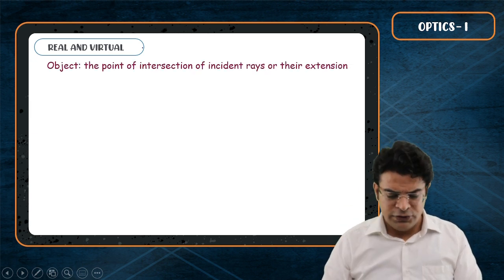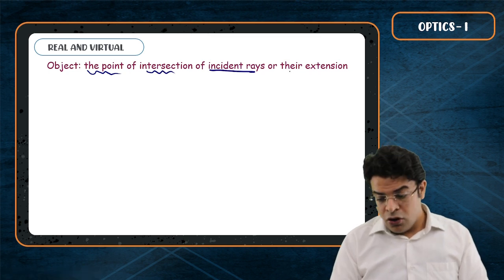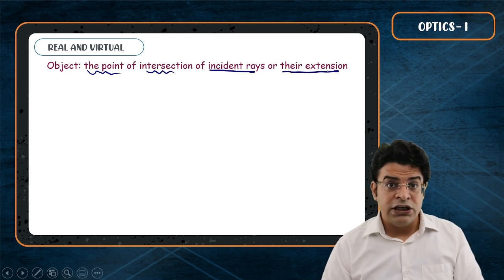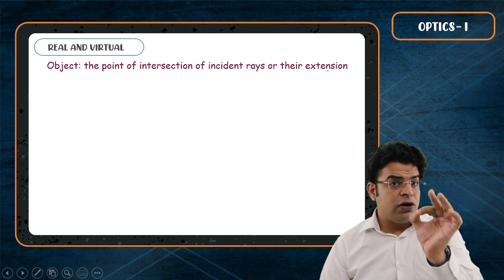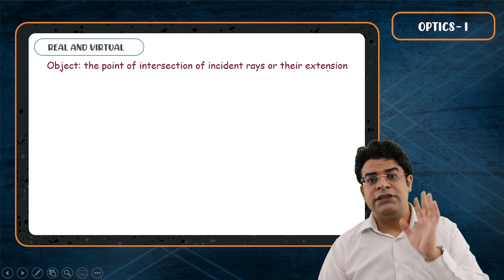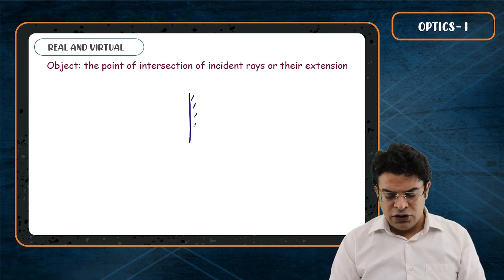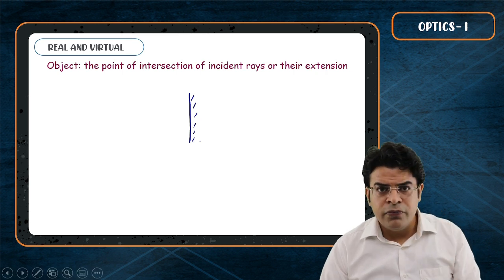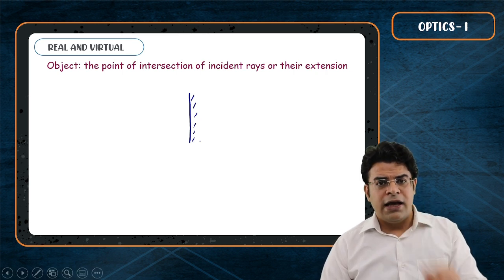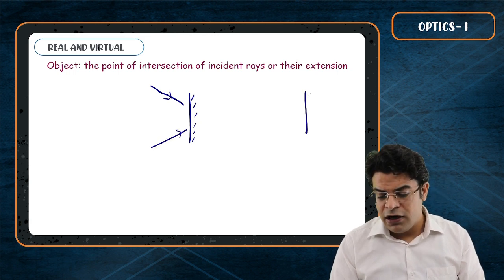Let's talk about object. The point of intersection of incident rays or their extension is called the object. First of all, let's talk about reflection only. So let's say you have a plane mirror. On the plane mirror, you can have a convergent beam being hit on it, or you might have a divergent beam being hit on the mirror.